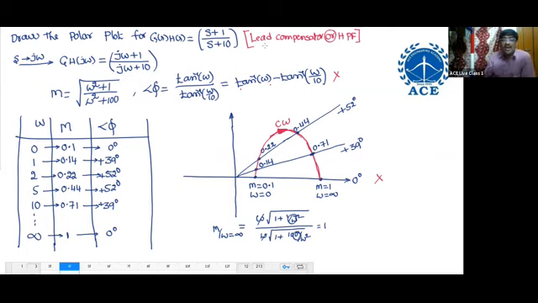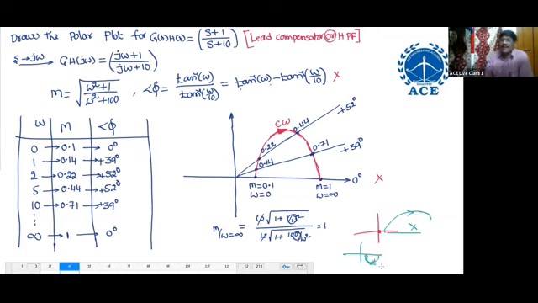The shortcut procedure is not valid whenever the plot is moving away from the zero, the origin. If the plot is moving away from zero like this, then immediately the thought should strike that you should draw the plot by the standard procedure. The plot should always move towards the zero only.